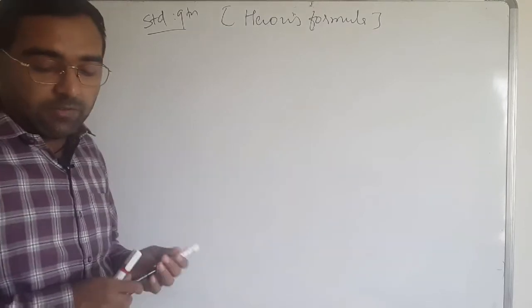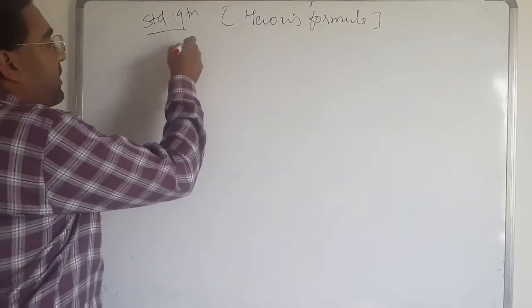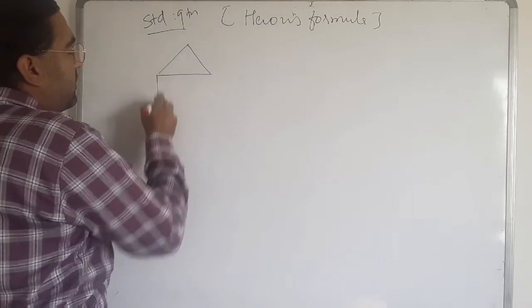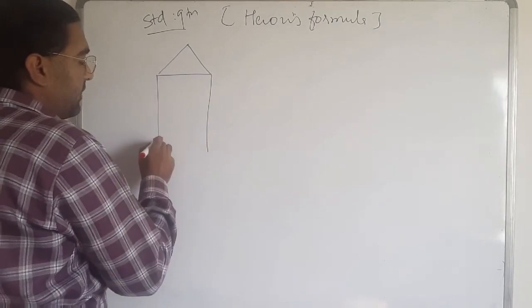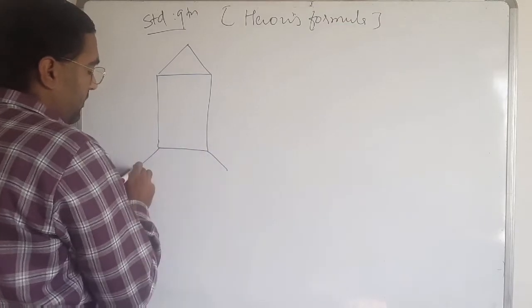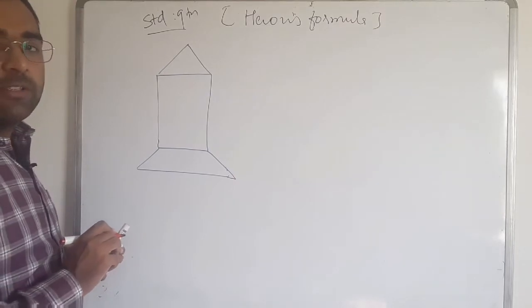The shapes in the figure are: this is a triangle, here is a rectangle, and in the base there is an isosceles trapezium.